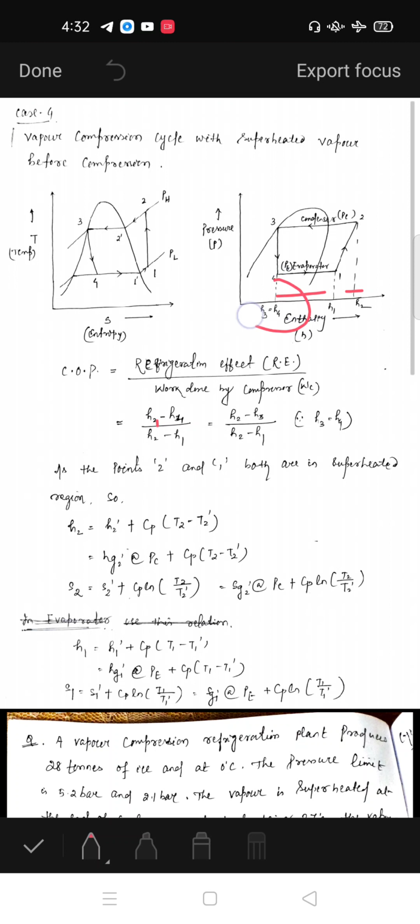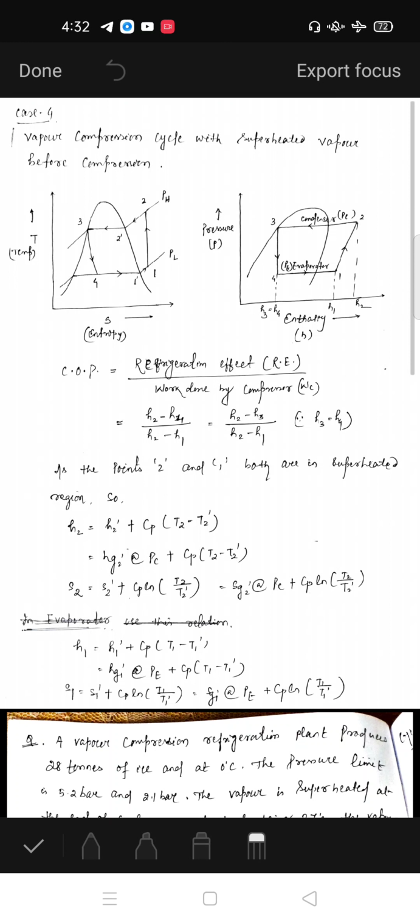You know H4 and H3 are the same enthalpies, so COP is H1 minus H4 divided by H2 minus H1, and also H1 minus H3 divided by H2 minus H1. Okay, fine, up to this you are clear.